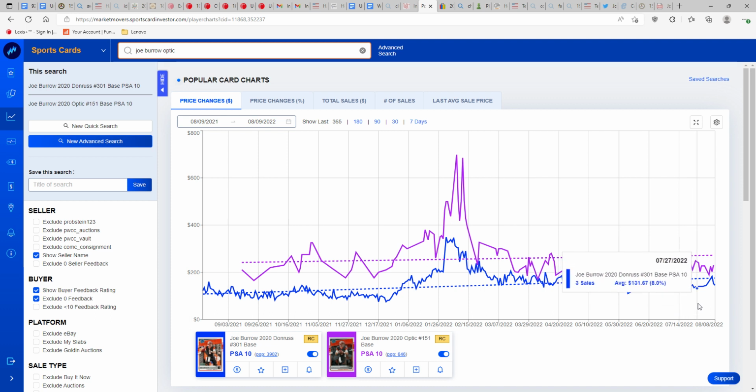And you can see the prices have come down a little bit since then, but still today the card is trading at around $230, which is the most recent sale for it.